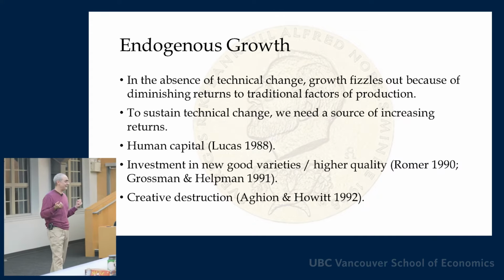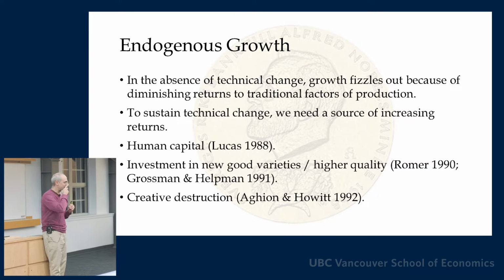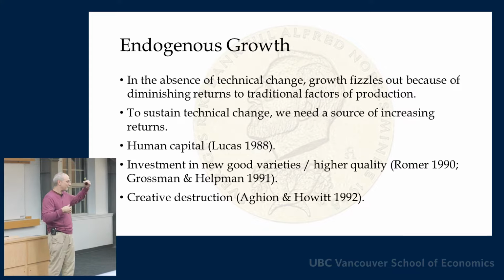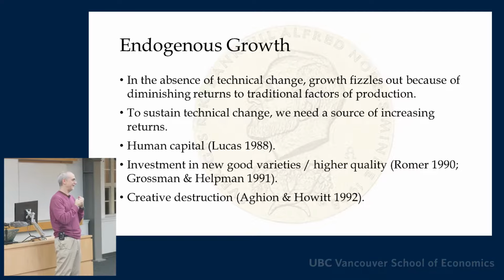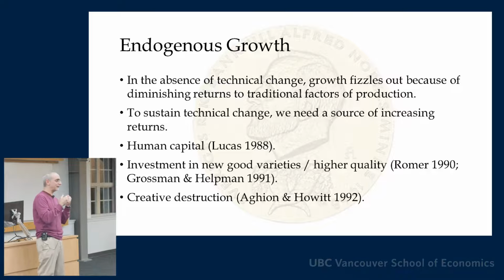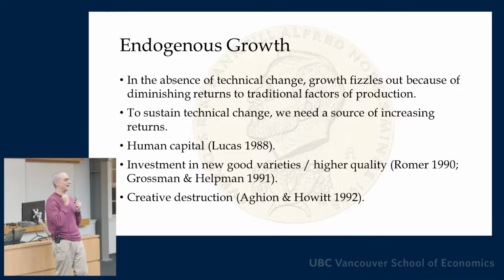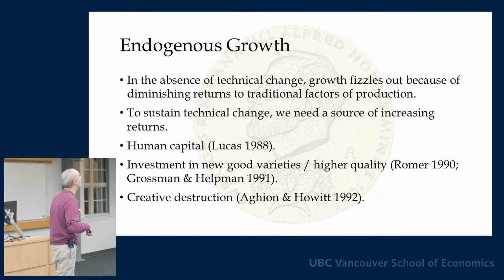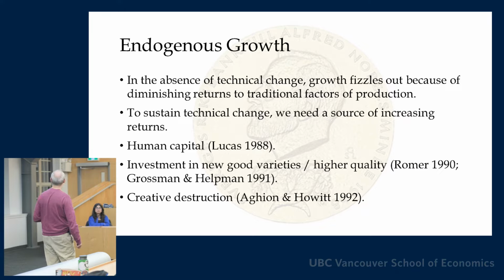But there's free entry. And so other people see, hey, that person has monopoly rents, I want a piece of that. They innovate, they come in with a better version of the product, and they steal the market from the incumbent, right? They patent it and they get the monopoly rents themselves. And that's growth. Growth is how much better the new product is over the old one, right? And the reason we know that is because we're buying it. We're free to keep buying the old one, right? So that is sort of the basic framework.